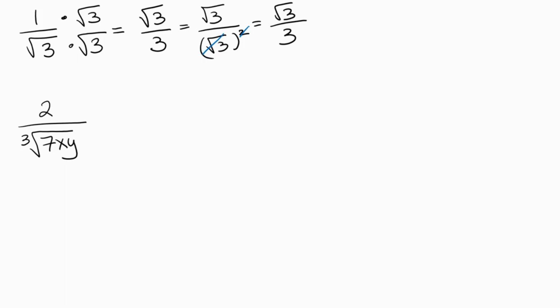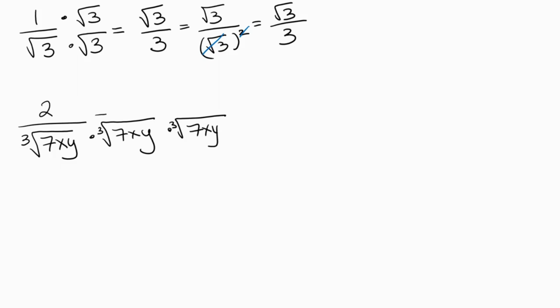I have a cube root this time, which means the thing I want to do is to get a cube. So what I'm going to do is I am going to do 7xy, and I'm going to write this out really explicitly, so I'm going to do another 7xy, and these are all cube roots because I'm sticking with the same system, right?